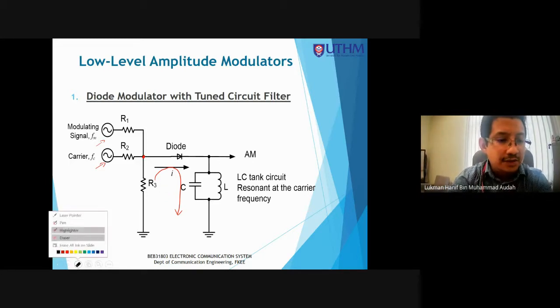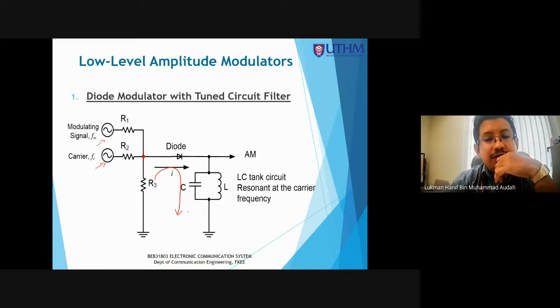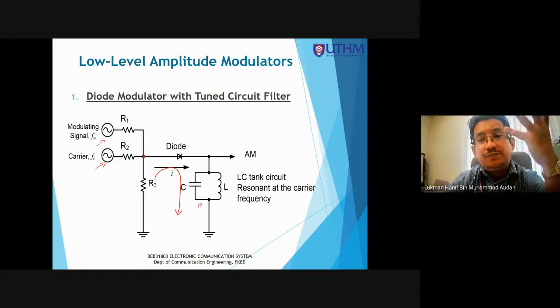Okay. Kalau dilihat dalam case ini, kita ada satu lagi LC tank circuit. Okay, LC tank circuit yang mana di sini dia fungsinya adalah seperti battery. Okay, the function is like a battery where it stores the energy and it will dissipate the energy at the right time.